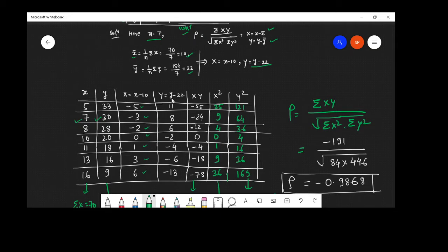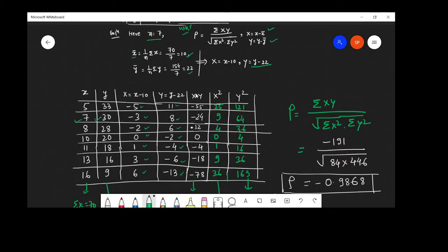And similarly we find capital Y, small y minus 22: 33 minus 22 is 11, 30 minus 22 is 8, 28 minus 22 is 6, 20 minus 22 is minus 2, 18 minus 22 is minus 4, 16 minus 22 is minus 6, and 9 minus 22 is minus 13.